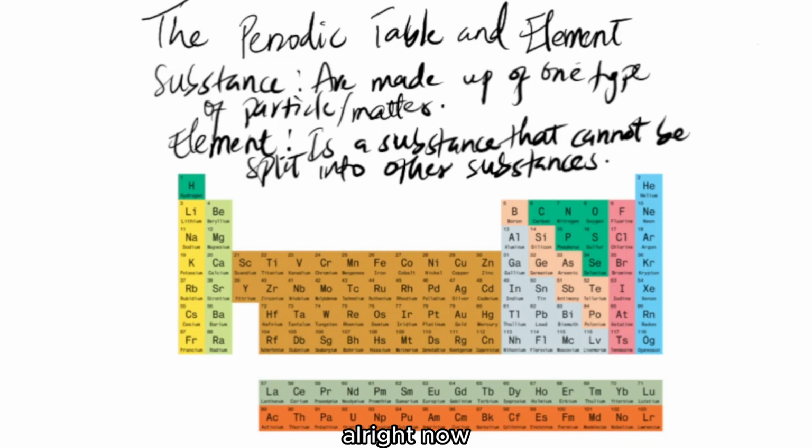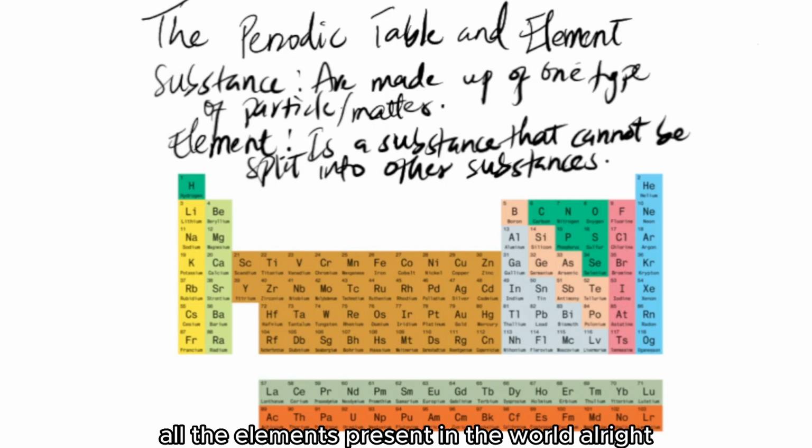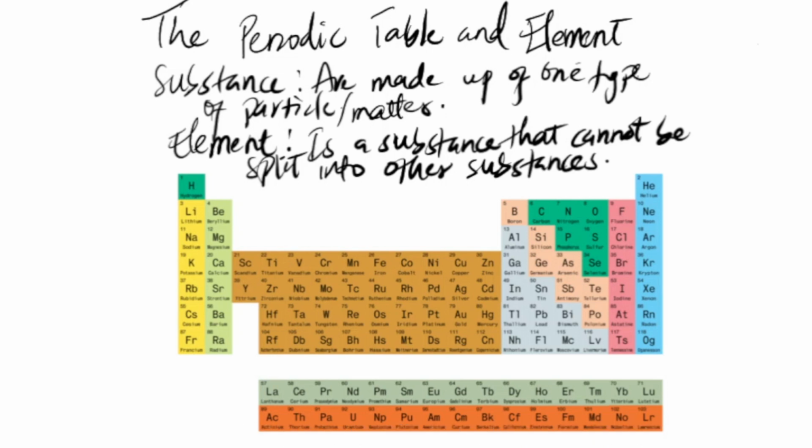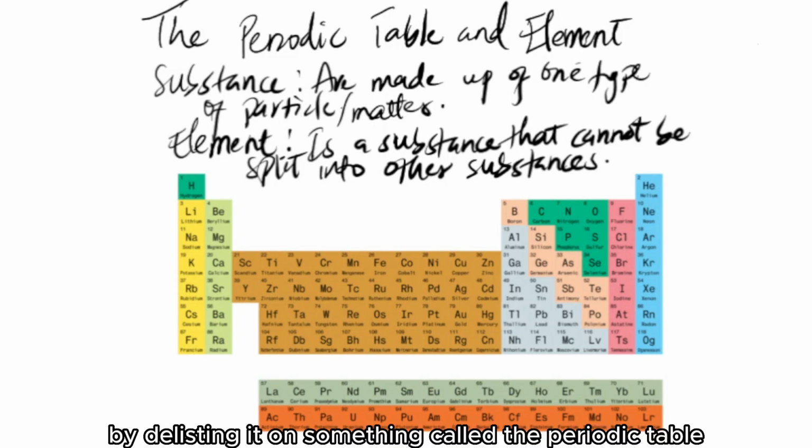Now, for us to be able to know all the elements present in the world, scientists have basically made it easier for us. We'll get to know later on who came up with the periodic table. It has been made very simple for us to know all the elements present in the world by listing them on something called the periodic table.